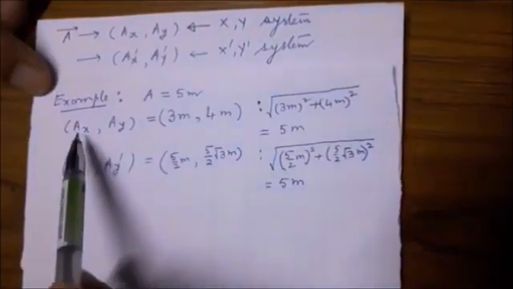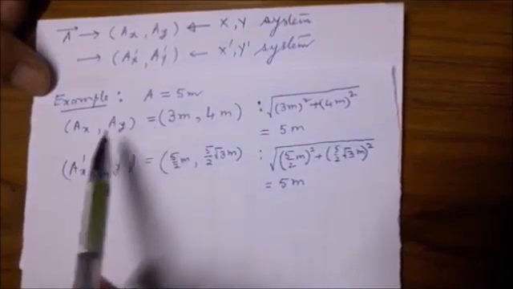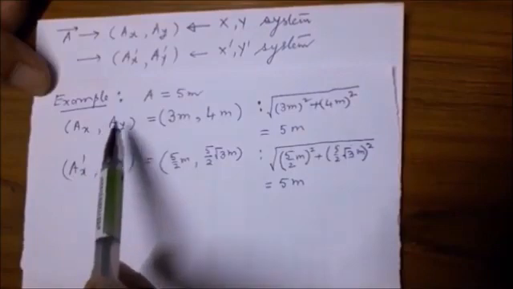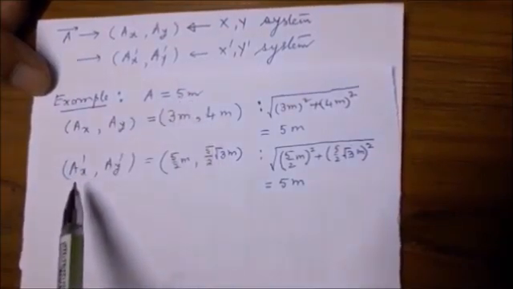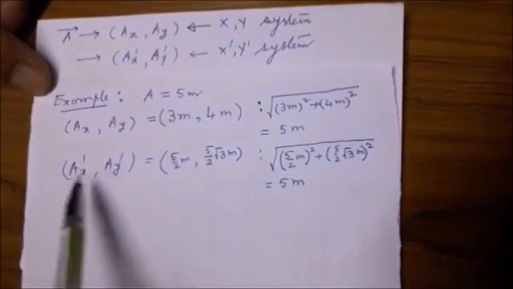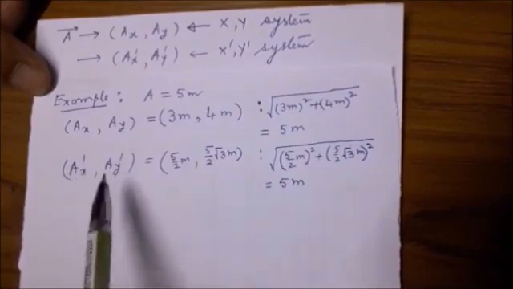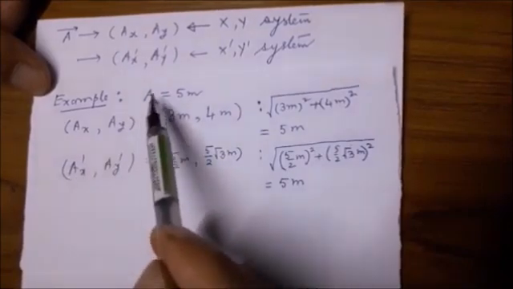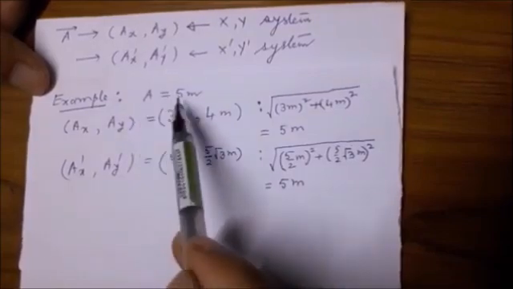Actually, the components AX and AY in the unprimed frame are coordinated in such a way that the magnitude of the vector is 5 meters, and in the primed frame the coordinates AX prime and AY prime are also manipulated in such a way that the magnitude of the same vector is also 5 meters.